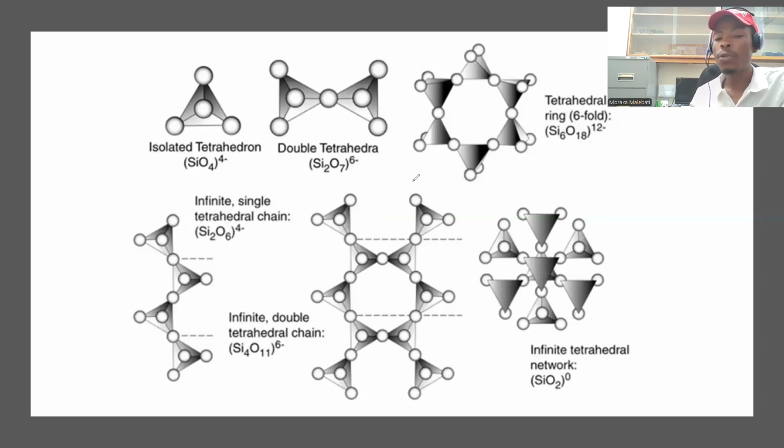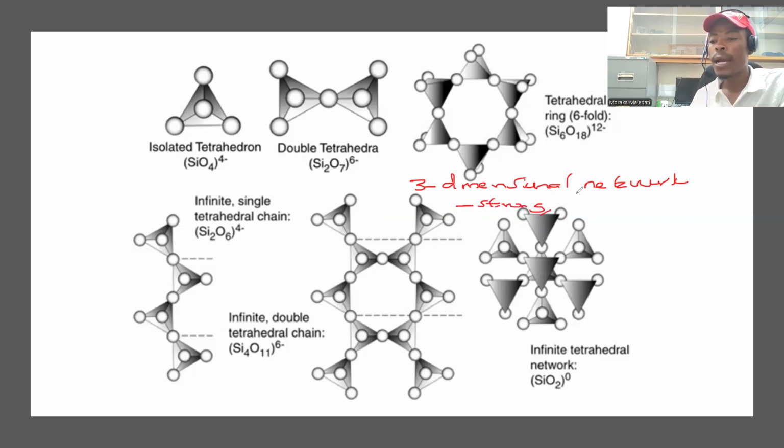Okay, so basically what you see in tectosilicates is what you call a three-dimensional network. And then this three-dimensional network will make a strong, stable structure.